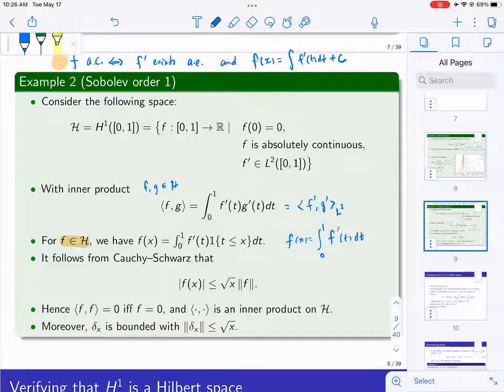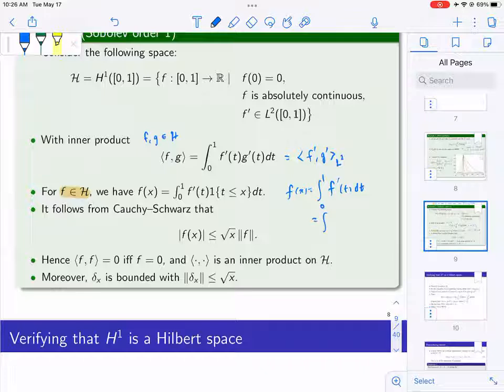This is f of x minus f of 0, but f of 0 is 0, by the boundary condition. I usually write it up to x, but I can write it as the integral from 0 to 1 of f prime of t times the indicator that t is less than x, dt. Okay, that's what I can do.